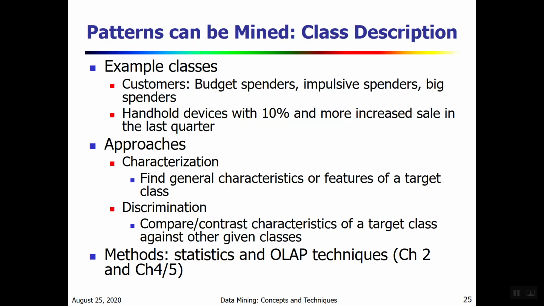For example, those handheld devices with a 10% increase in sales. What are the characteristics of those devices that I'm interested in studying, in order to boost the sales of my other devices? So this is the first type of pattern we can mine, class description.